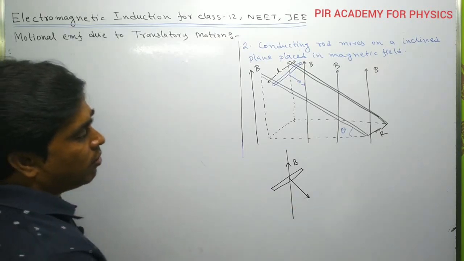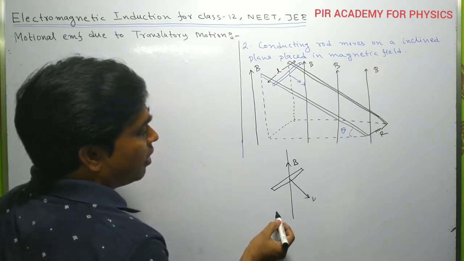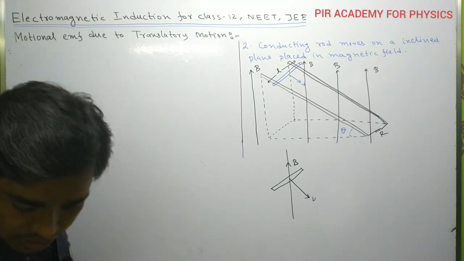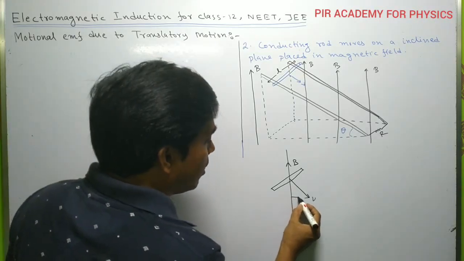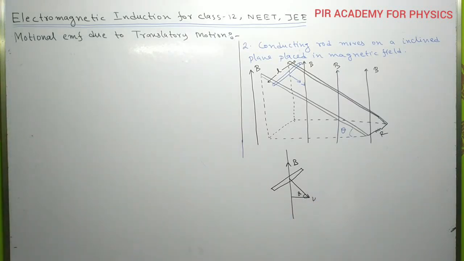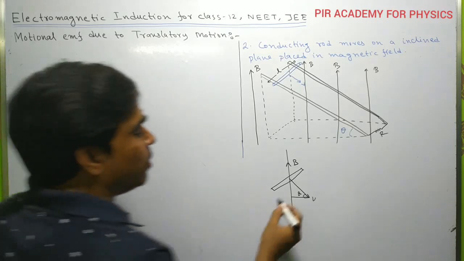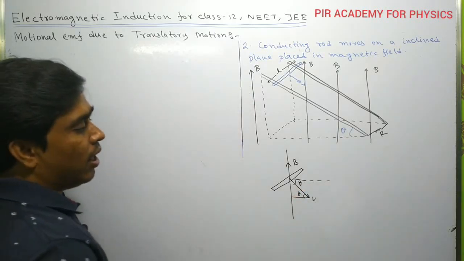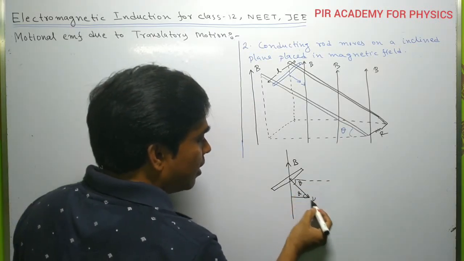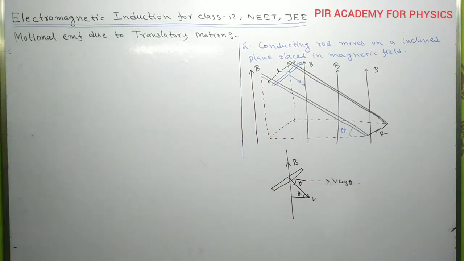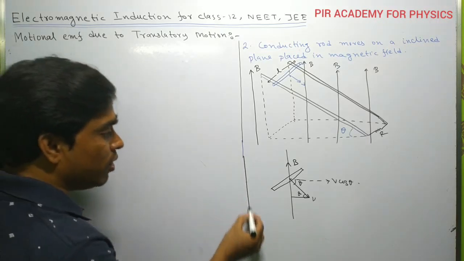The velocity of this rod is along this direction, and this angle is theta. If this is V, that means the component will be V cos theta.